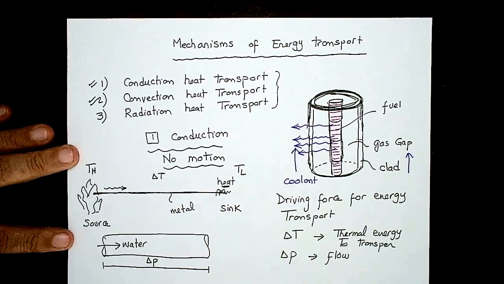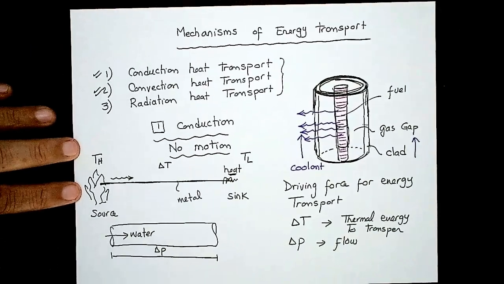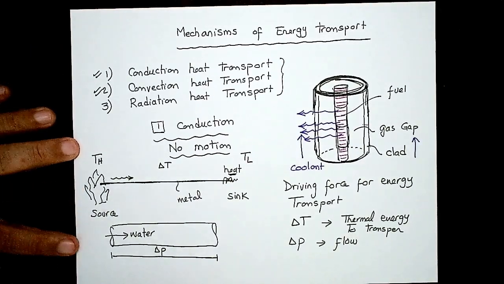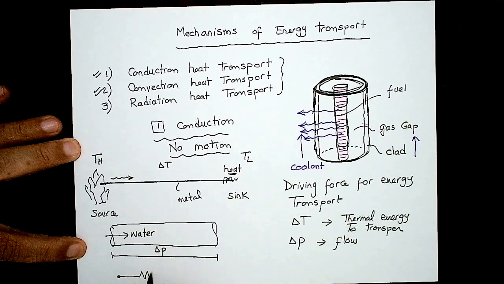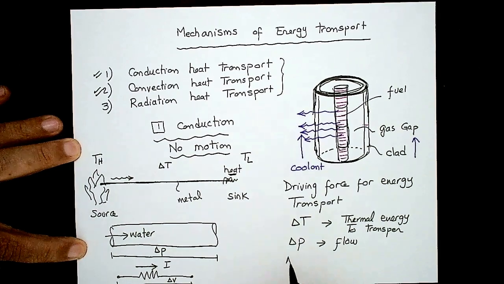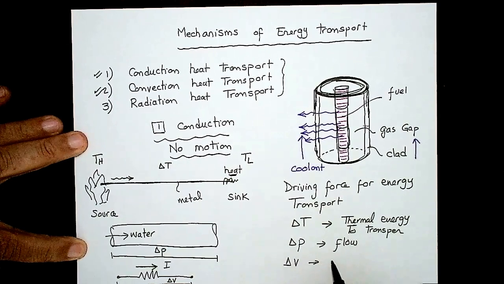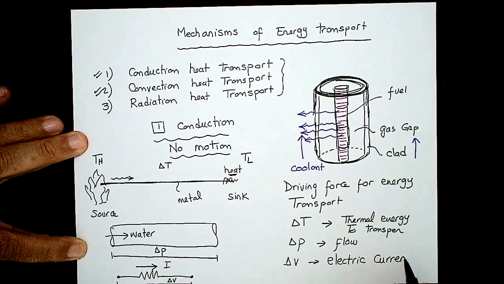If you want to bring a wind from one location to the other, you need a pressure difference, and so on. Think about an electric circuit. What do you need to drive an electric current between two points? You need a potential difference, voltage. So delta V will be the driving force for electric current. So there is always a required delta T.